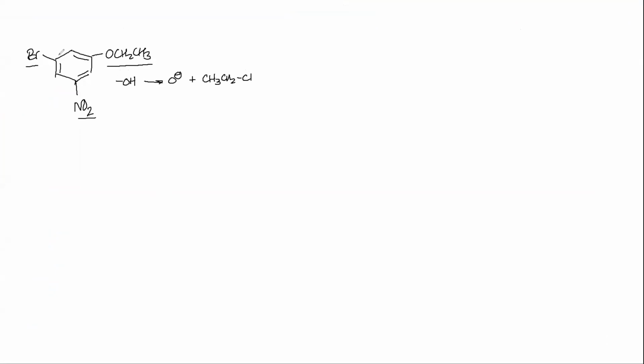And since all of these are meta, I don't want to add the bromine first, because the bromine is going to direct ortho and para. So the bromine's going to have to go on last. And the nitro group could go on first. That's fine.